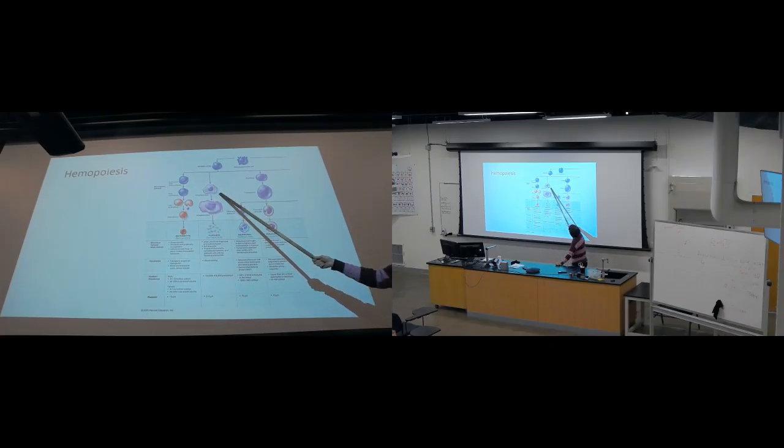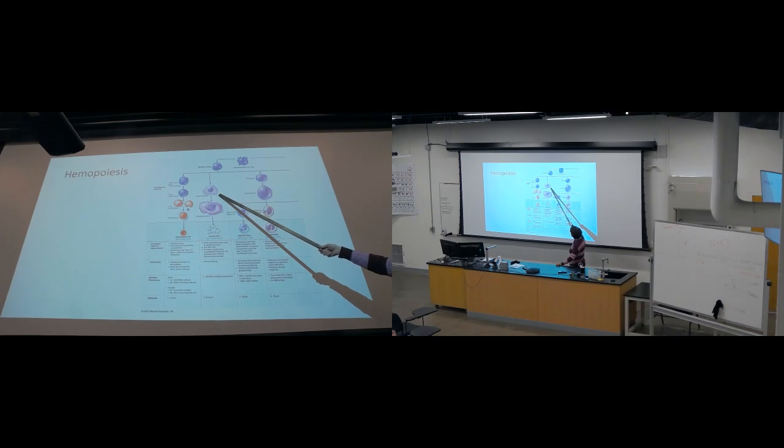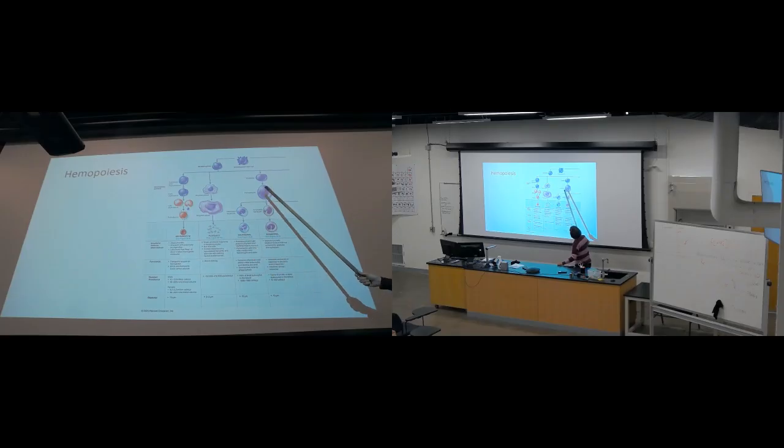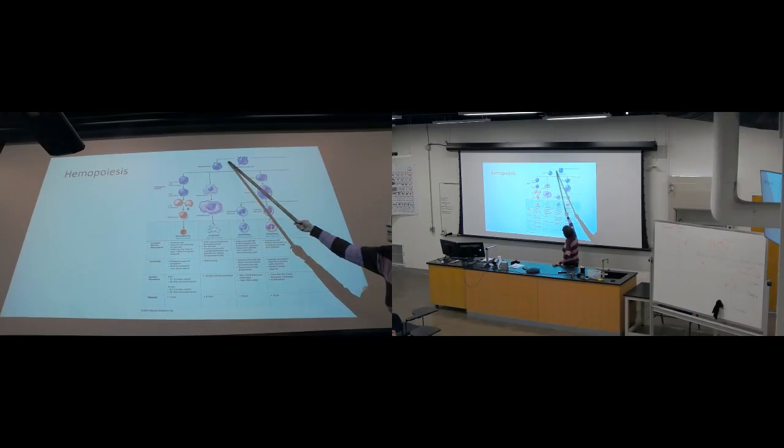It can give you a megakaryoblast that is going to give you a megakaryocyte that is going to become a platelet. Or it can give you a myeloblast that is going to become a myelocyte that can become a neutrophil or an eosinophil. So let's follow this pathway.